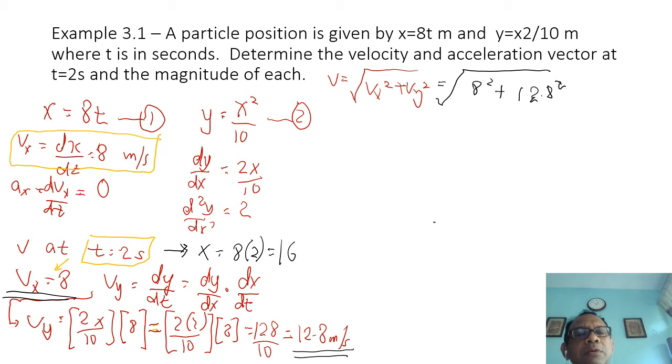Erase everything first. So 2 times 16 times 8 over 10. So this is 25.6.